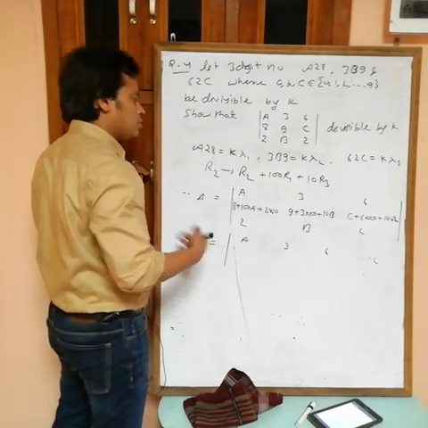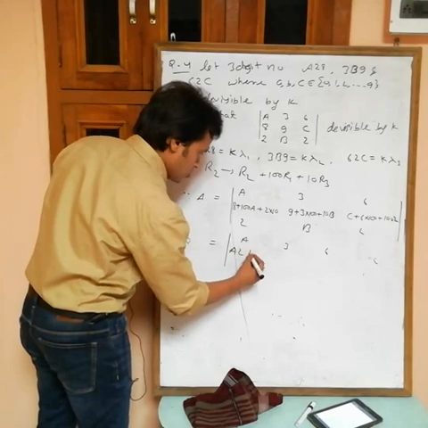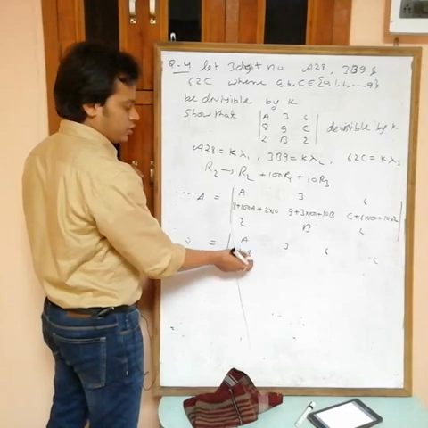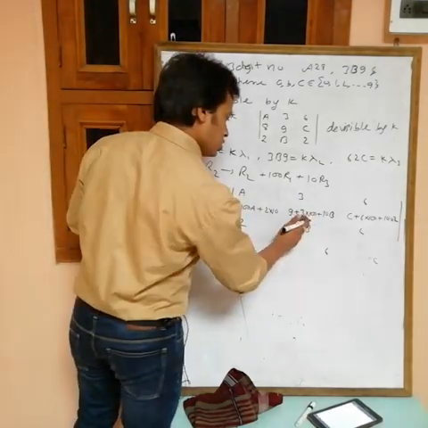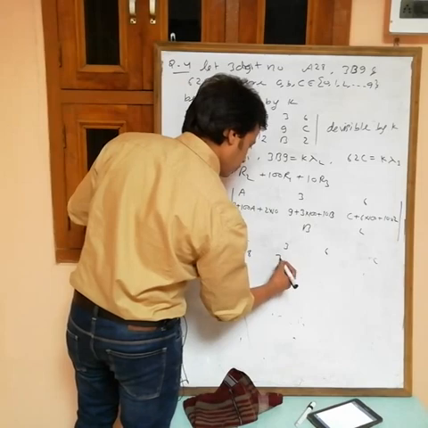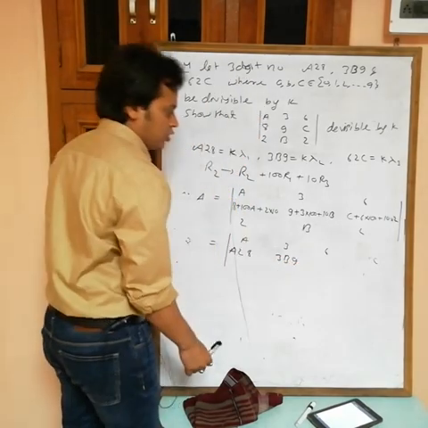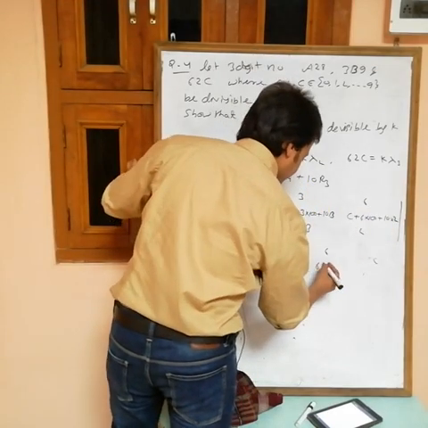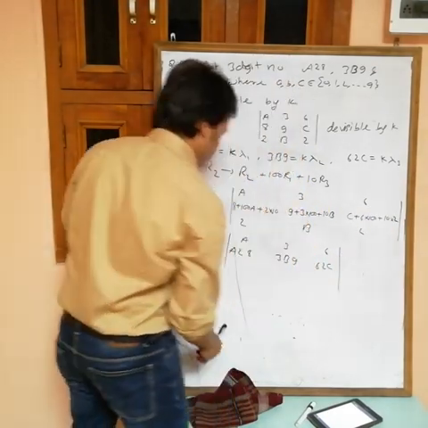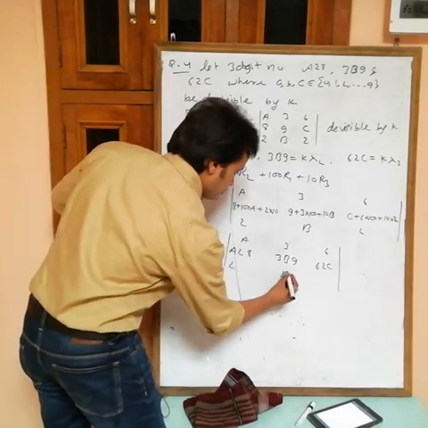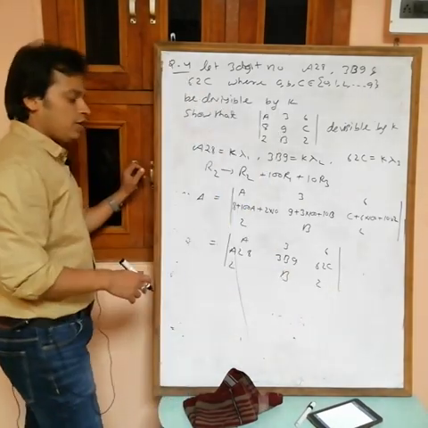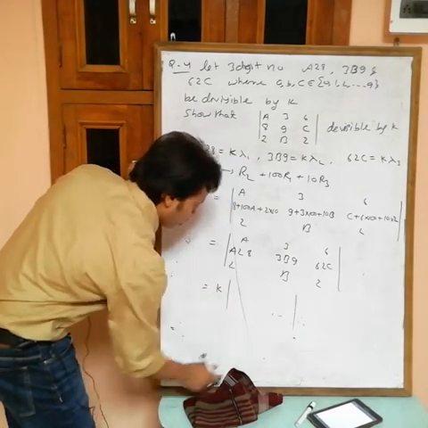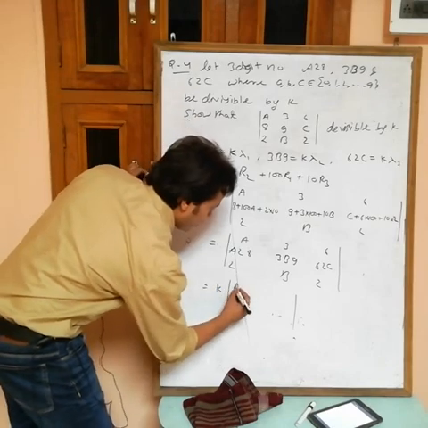This can be written as a 2 8, which is a into 100 plus 2 into 10 plus 8. This can be written as 3b9. This can be written as 6 2 c. And 2b2. Now you can take k common from R2. If you take k common from R2, then what you will get?